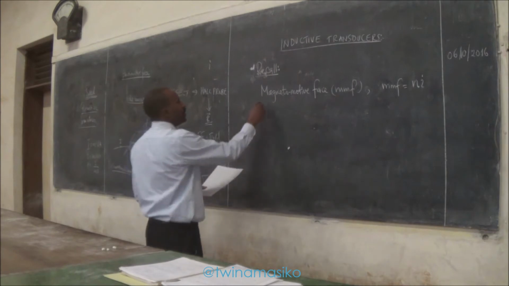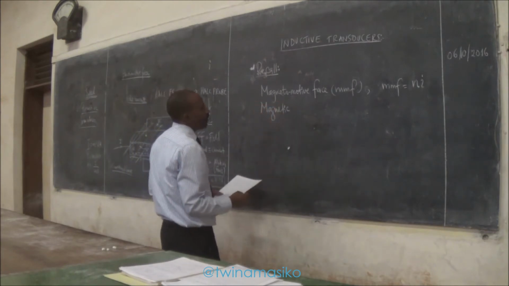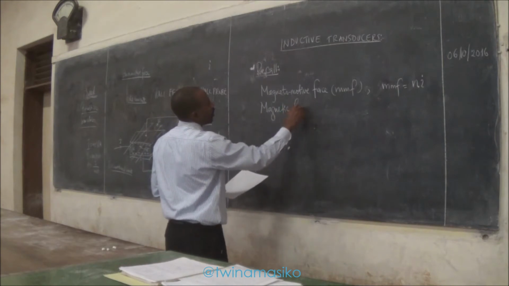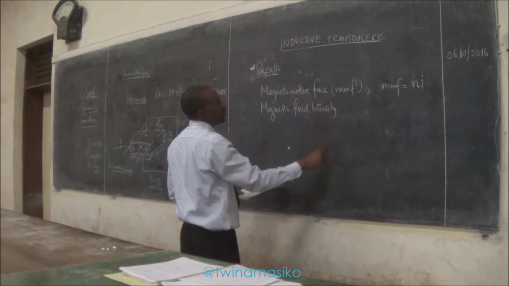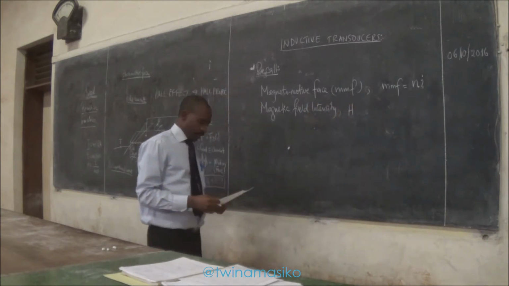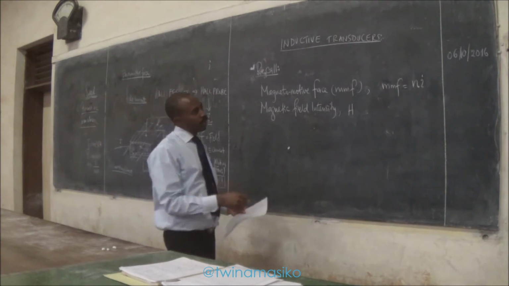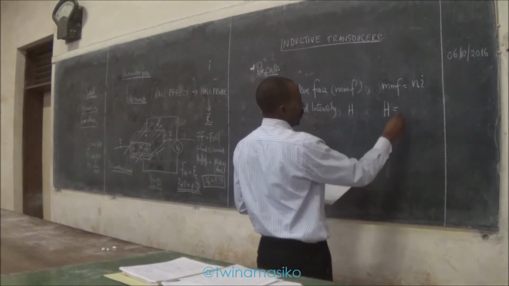Then the magnetic field intensity, just like you have the electric field intensity, is denoted by H, and we shall find that H is the same as the force.